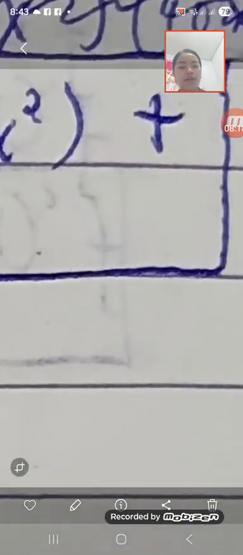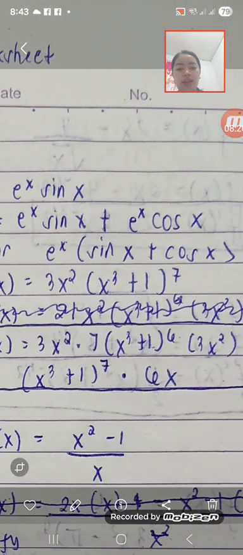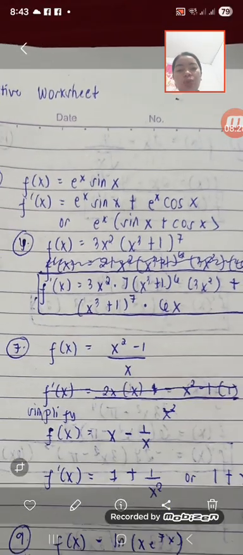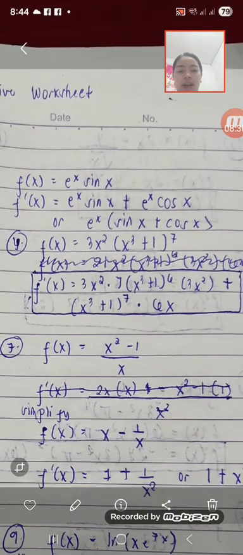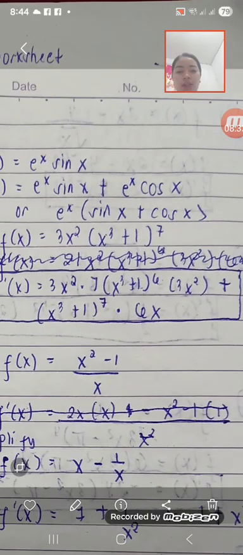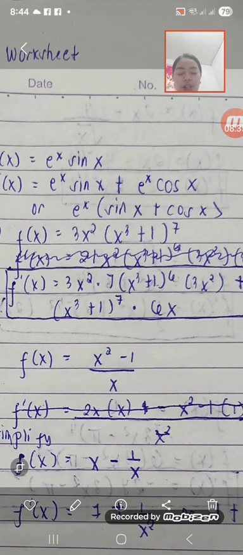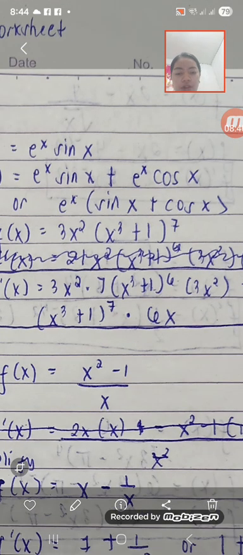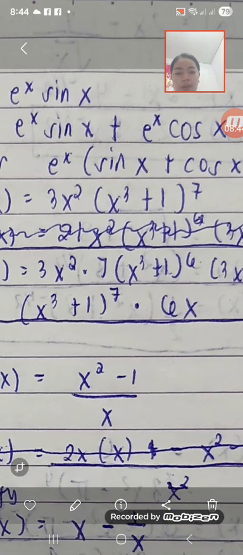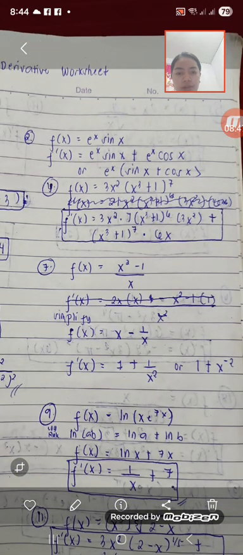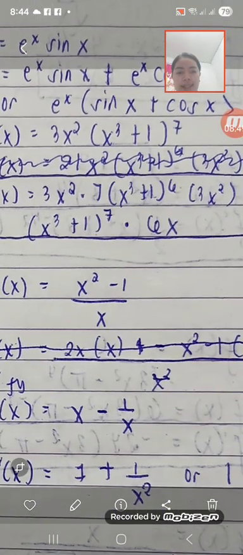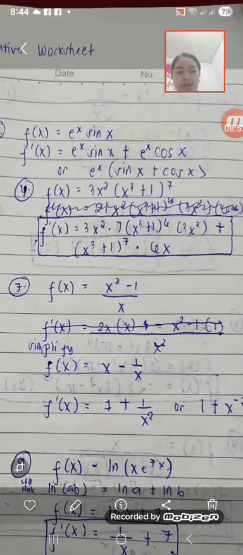Because in this given, this is a product rule. In this item, we need to use product and chain rule. That's why we have here plus. Now for our plus, we just need to differentiate first this function, copy and multiply this by 6x. So that is our final answer.